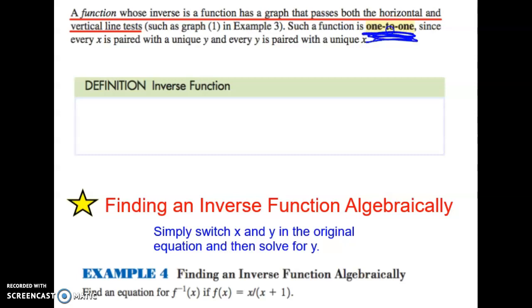This right here, 1-to-1, is outrageously important as you go further in math. So in my algebra class that I'm taking right now, it's called Abstract Algebra. We're proving things are 1-to-1 all the time. Super important.